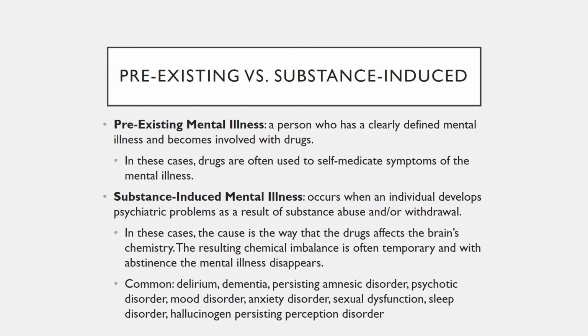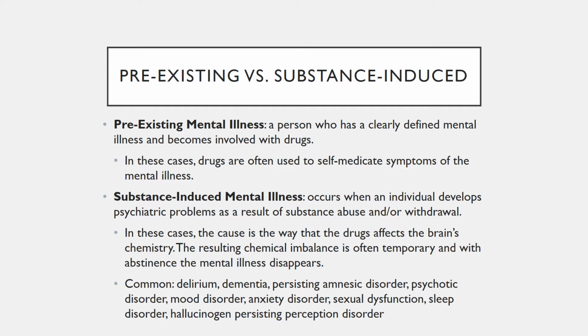This is something you might see with cases such as delirium, dementia, persisting amnesic disorder, psychotic disorder, mood disorder, anxiety disorder, sexual dysfunction, sleep disorder, and hallucinogen persisting perception disorder.